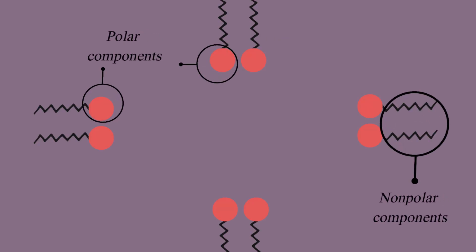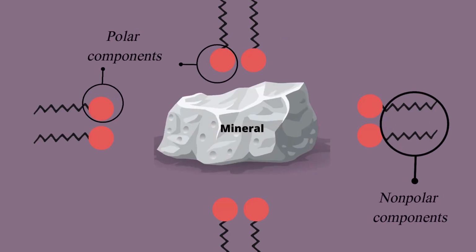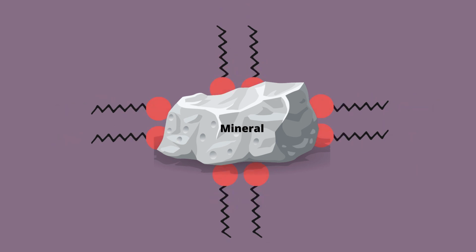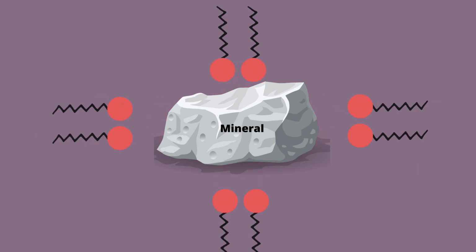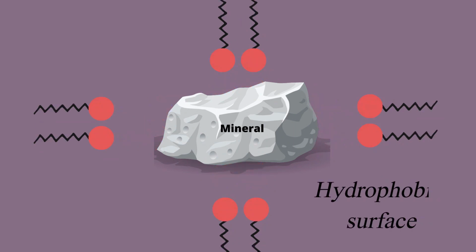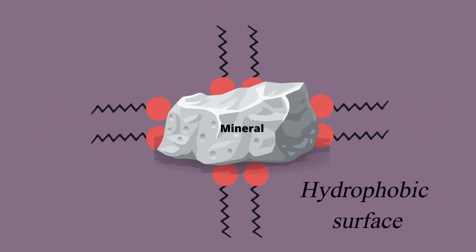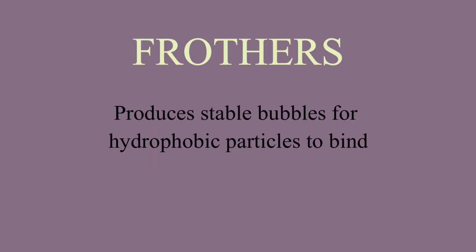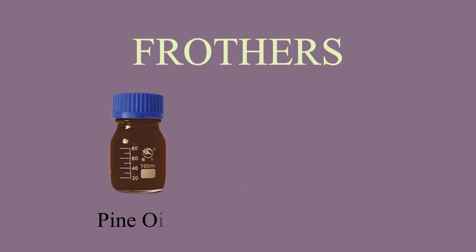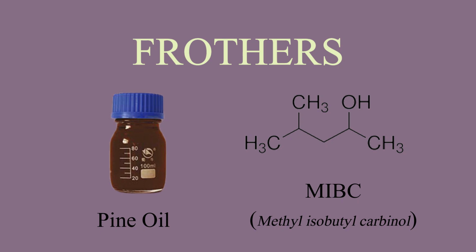The polar component of anionic and cationic collectors selectively binds to the mineral surfaces, while the non-polar component projects out into the solution, making the surface hydrophobic. For frothers, this reagent produces stable bubbles for hydrophobic particles to bind. It can also act as collectors. Pine oil and MIBC are examples of frothers.